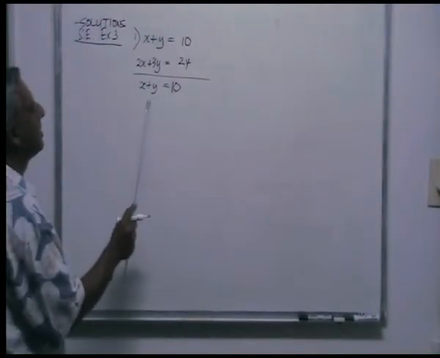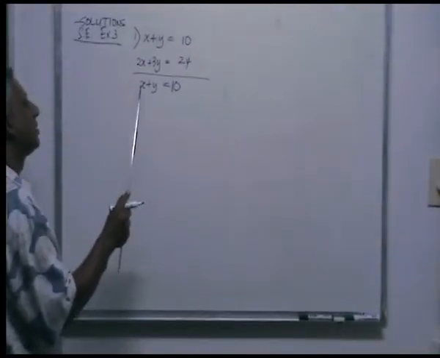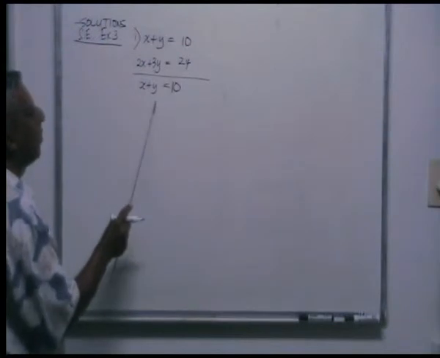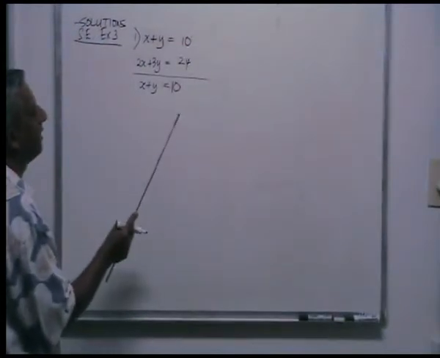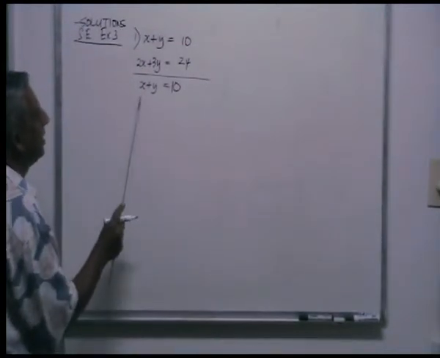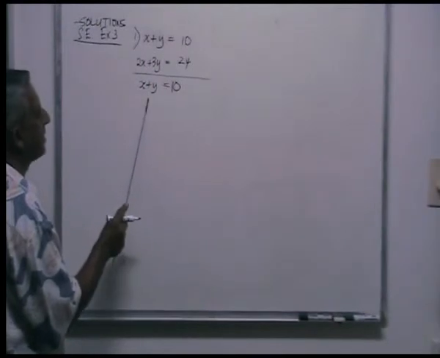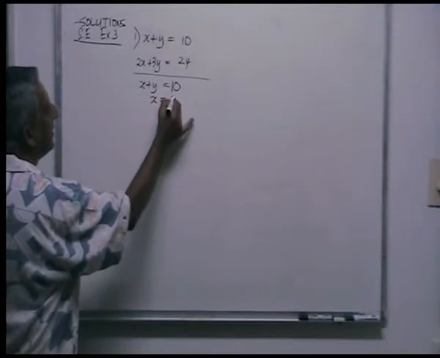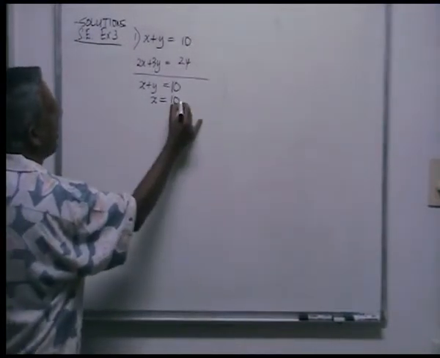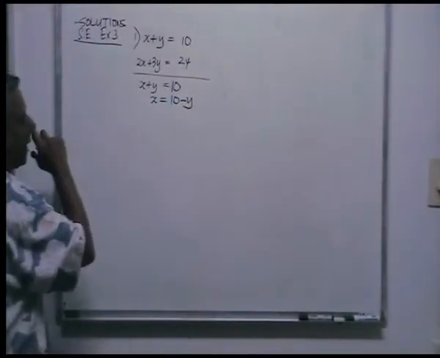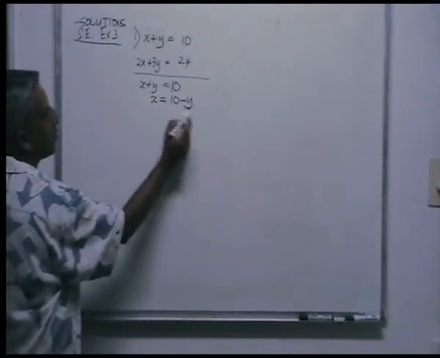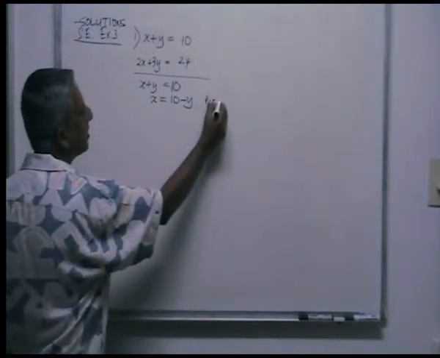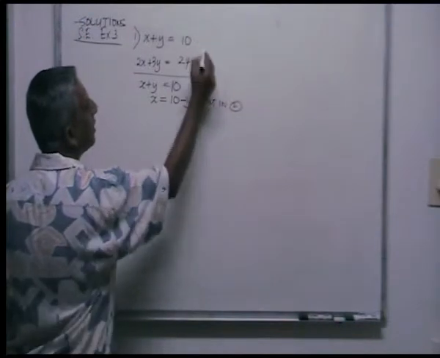Now this is a very easy example. So the choice is I can leave x here or I can leave y. Choice is mine or choice is yours. Let's say we leave x here and take y that side. So x will be here, there's your 10, and when you take y that side it becomes minus y. So x is equal to 10 minus y, and that's what you're going to put in number 2.